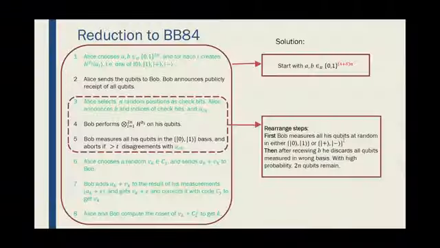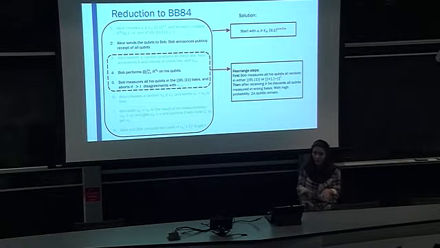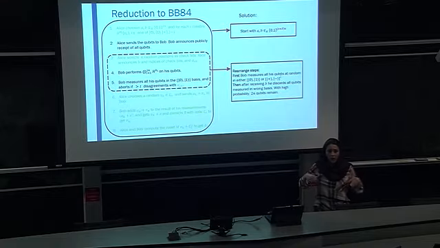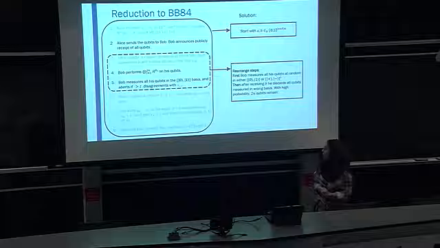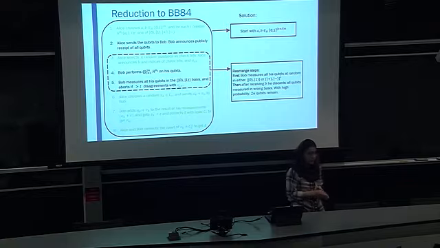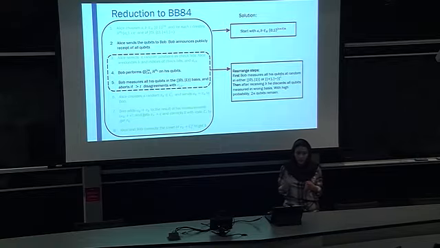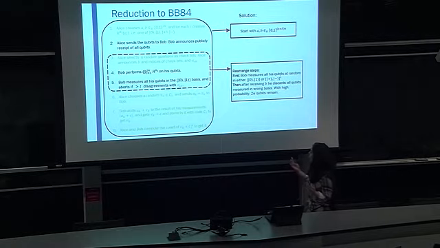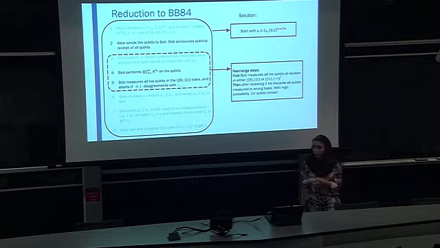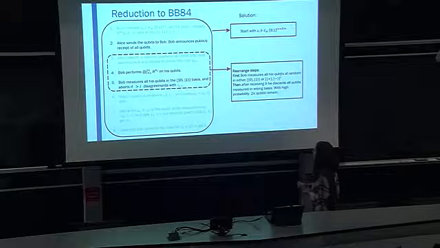And then when Bob receives his qubits, he doesn't wait for Alice. He just measures all his qubits at random, either in the 0-1 basis or the plus-minus basis. And then after he receives the B, he discards all the qubits that he measured in the wrong basis.